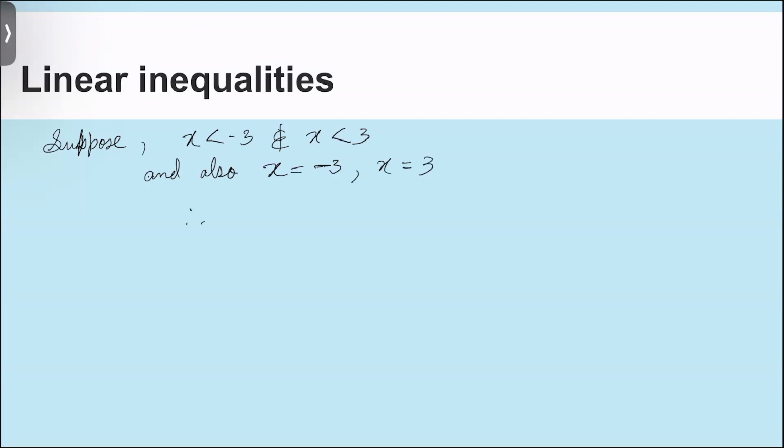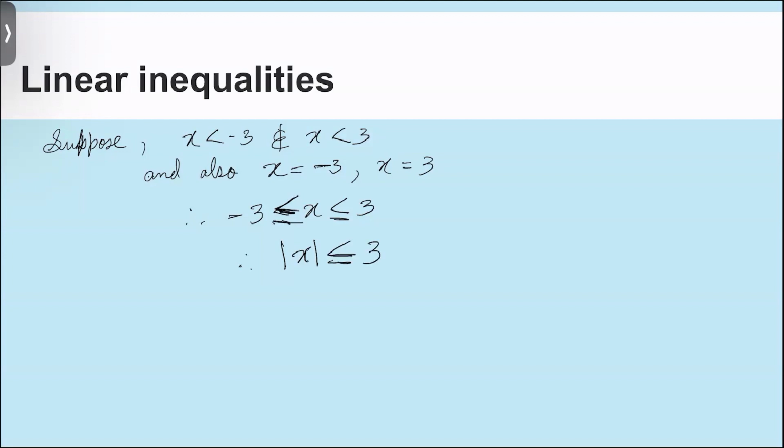So then your linear inequality can be represented as -3 less than or equal to x and x less than or equal to 3. So therefore, this now becomes mod of x less than or equal to 3.